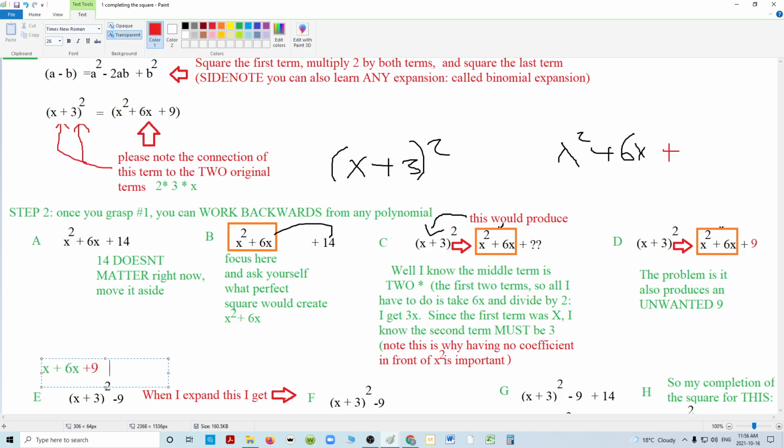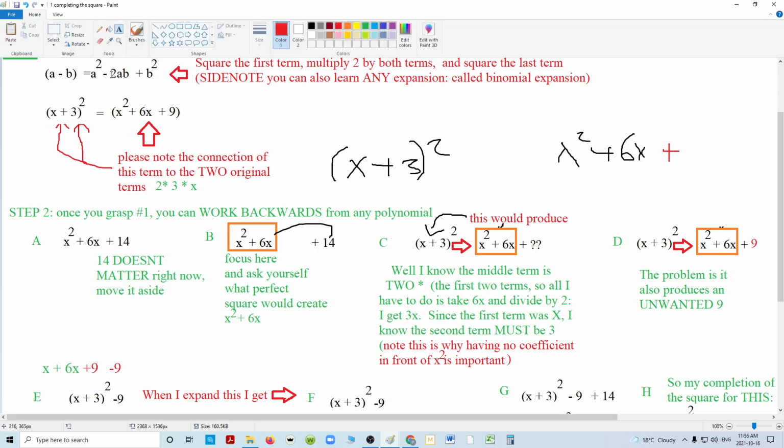All I have to do is subtract a 9, right? If I want x squared plus 6x out of my expansion, but I end up with x squared plus 6x plus 9, all I have to do is take that, which creates this, and then subtract the unwanted number that I don't want. That's all I have to do. Figure out what my unwanted number is and then just subtract it.